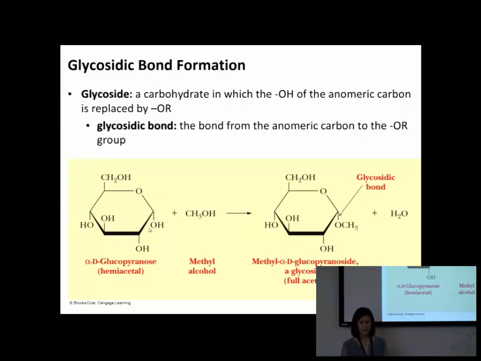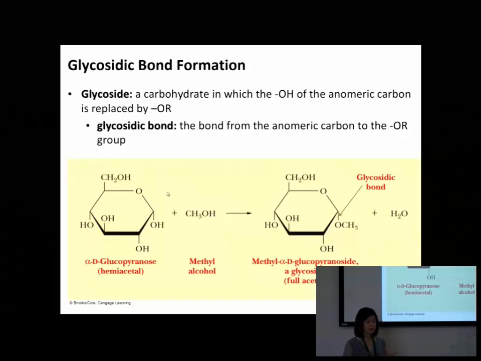Now, if your anomeric carbon is not carbon number 1, if you have a ketose instead of an aldose, you've got to make sure that you're looking at the right OH. Because we could have a case where this was a hexose, but it made a 5-membered ring because it was a ketose, and then there could be a CH2OH pointing up here.